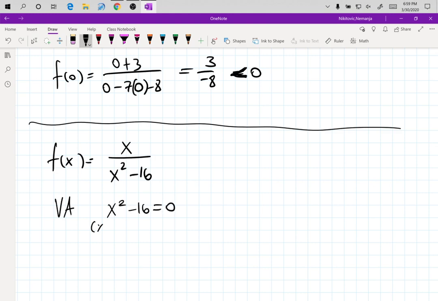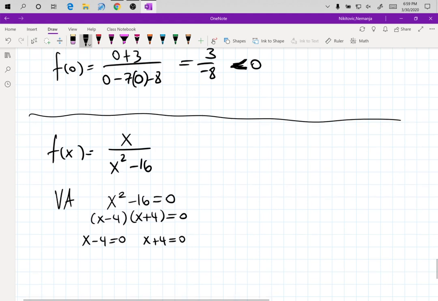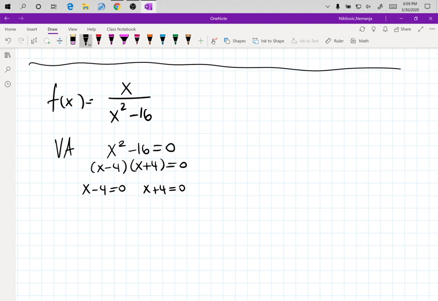We factor this into x minus 4, x plus 4. And then when you set each one of these equal to 0, you get x equals 4 and x equals minus 4. So these are two vertical asymptotes.